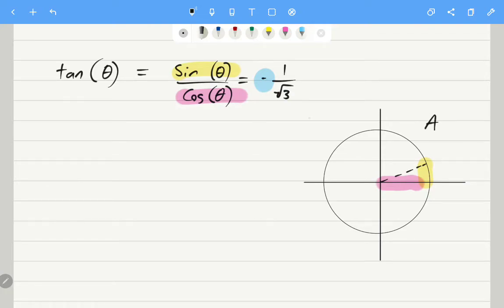This is the all stations to central. So where is tan going to be negative? Well, tan is going to be negative in the sine quadrant and the cosine quadrant, because it would be positive in the tan quadrant and the all quadrant. So it's going to be positive here and here. Oh, sorry, it's going to be negative here and here.